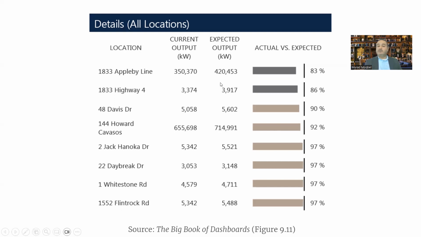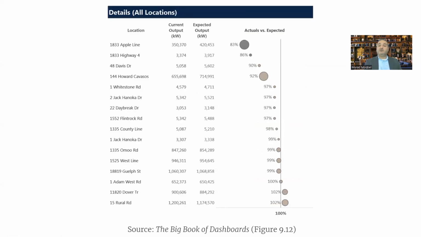So we need to improve this graph to show the magnitude of those two highly producing power plants. So this is how to mitigate it: use 100% as the target for all power plants, then use the percentage, and represent the magnitude in the size of the circle. This is a beautiful way to represent that data, where we are showing whether they are meeting the target or not, and at the same time, we are showing the magnitude of production of that power plant.